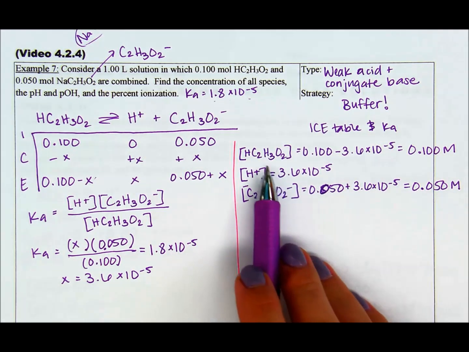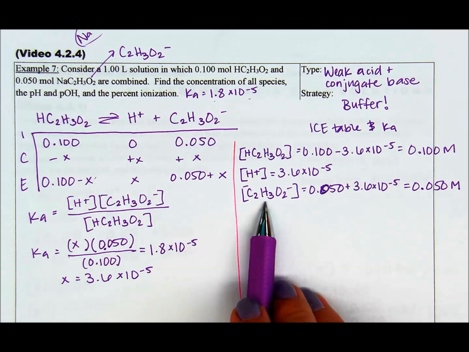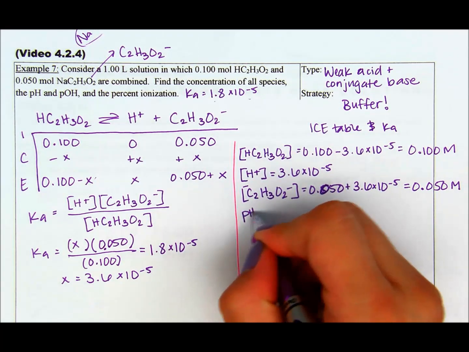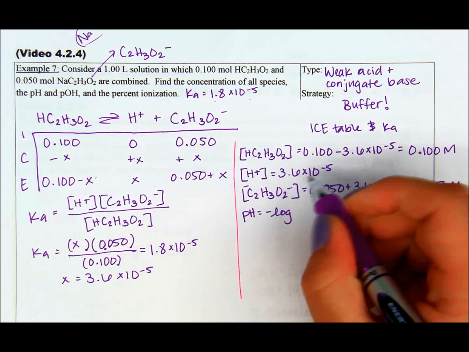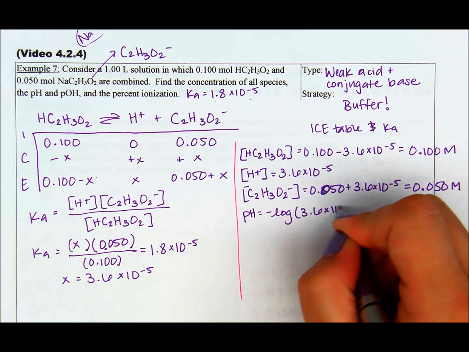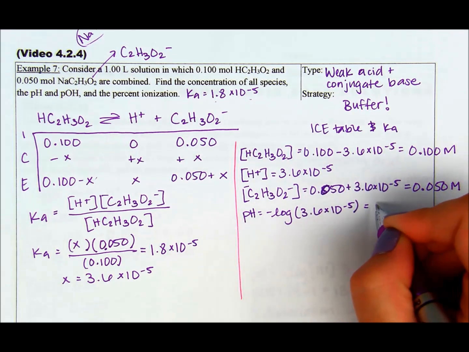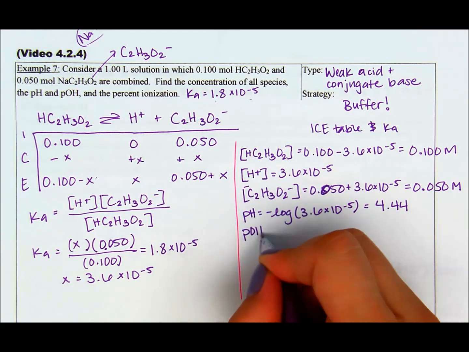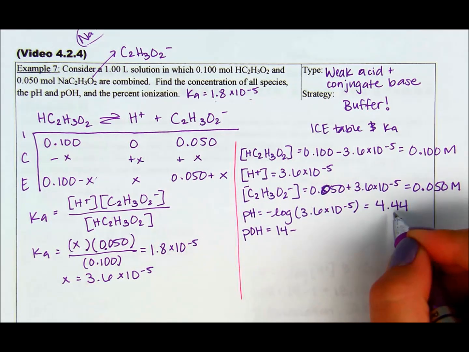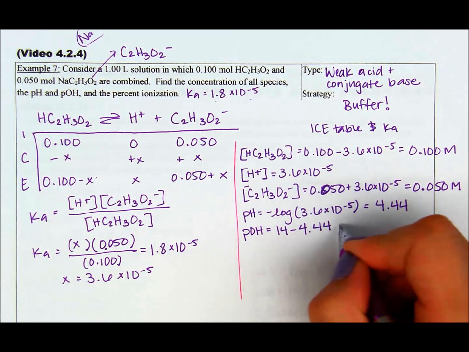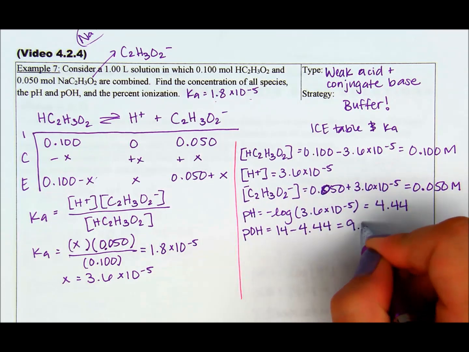Okay, so now I have all of these concentrations. I can easily find my pH because I have my H+. pH equals negative log of my H+ concentration, 3.6 times 10 to the negative 5, which is 4.44. pOH equals 14 minus 4.44, and so your pOH is 9.56.